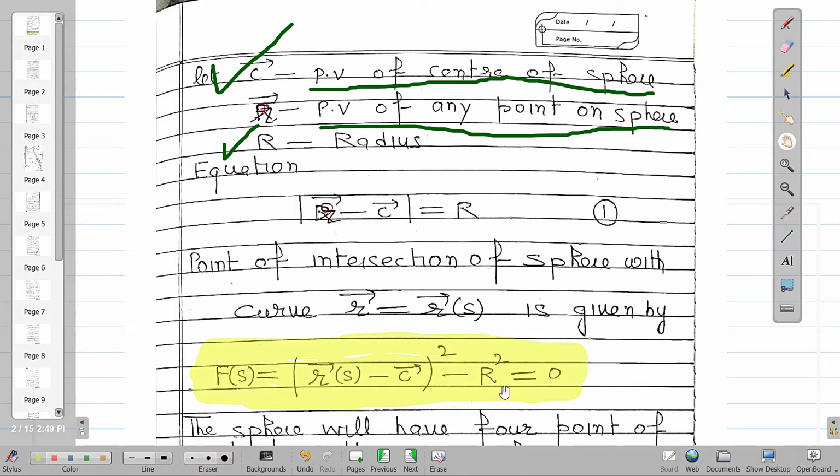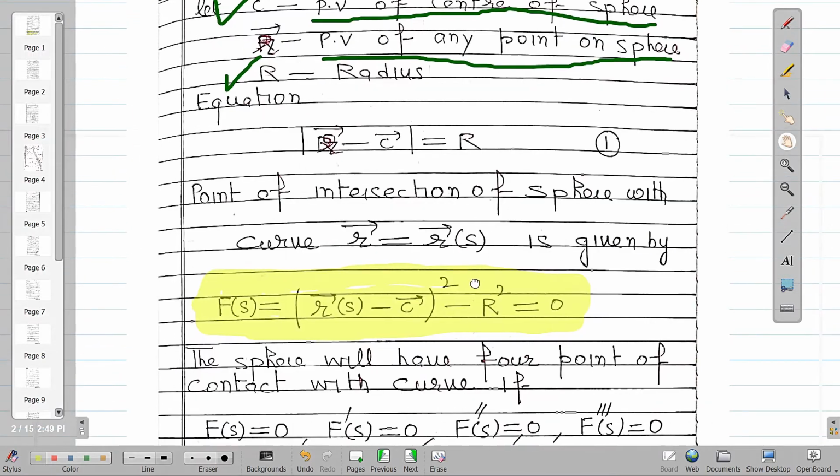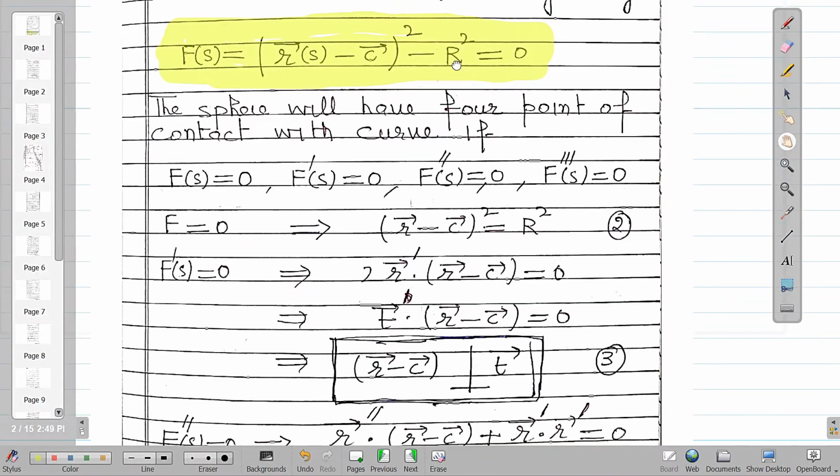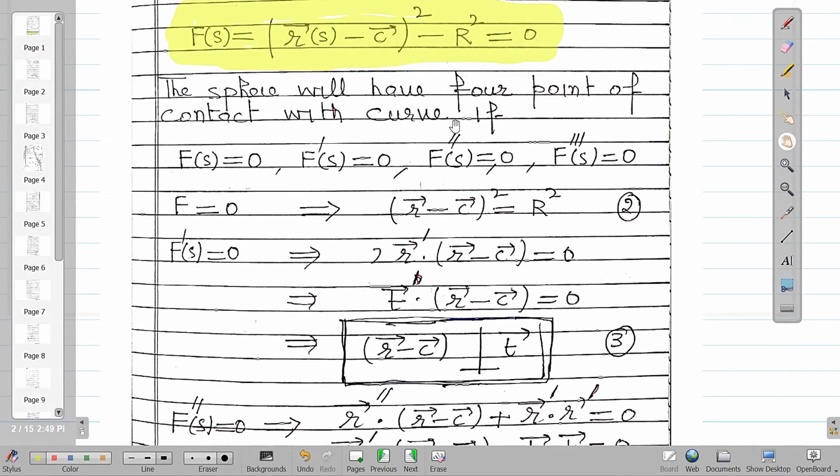Now, it has 4 points of contact, so remember that the sphere has 4 points of contact with the curve. Then f of s equals 0, its first derivative is 0, its second derivative is 0, and its third derivative is 0.